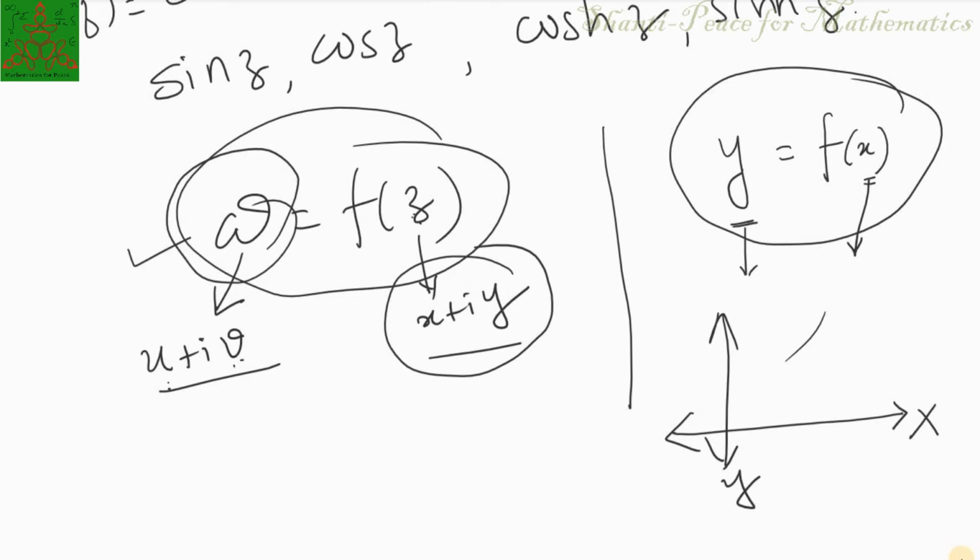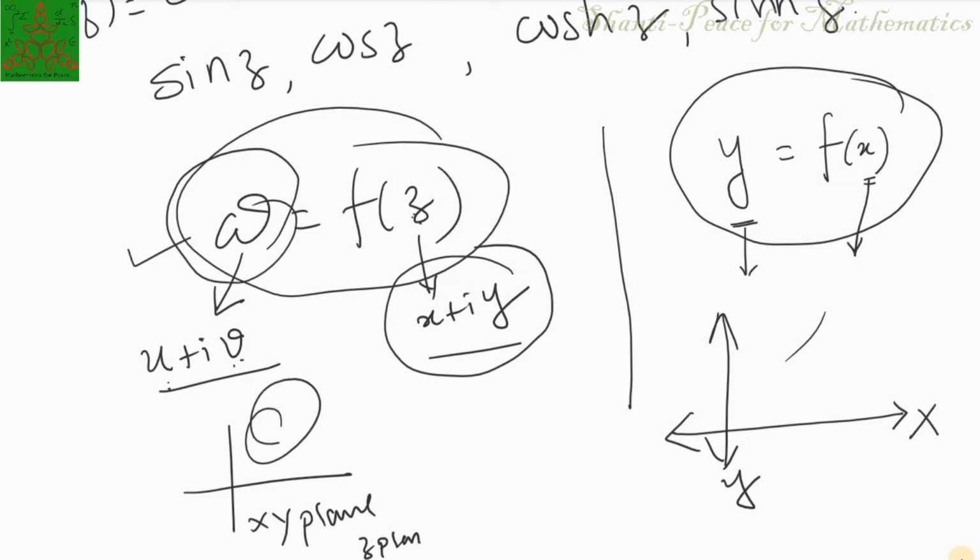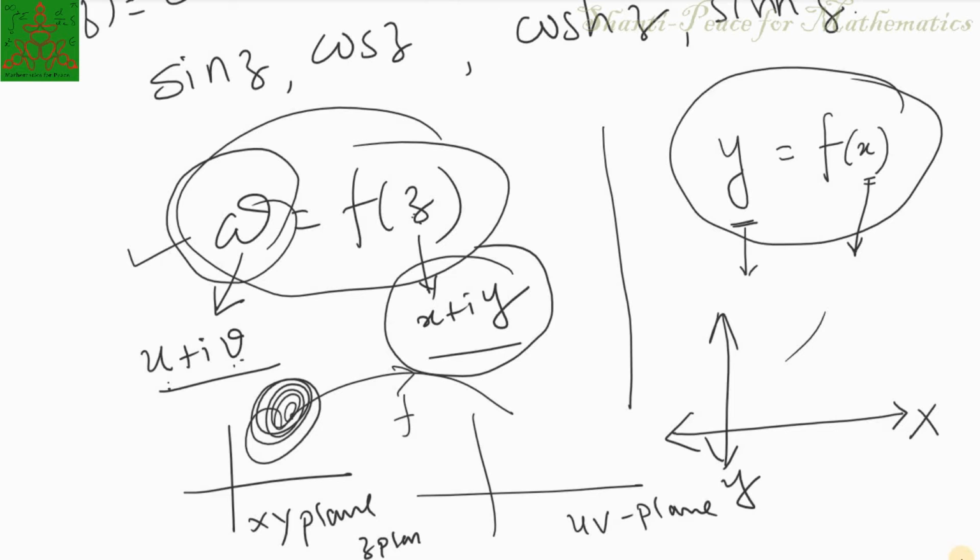So to represent xy, we'll have an xy plane, or we can say the z plane, and whatever the object is given here, its mapping under the function goes onto the uv plane, or the w plane, and you will have some figure here.